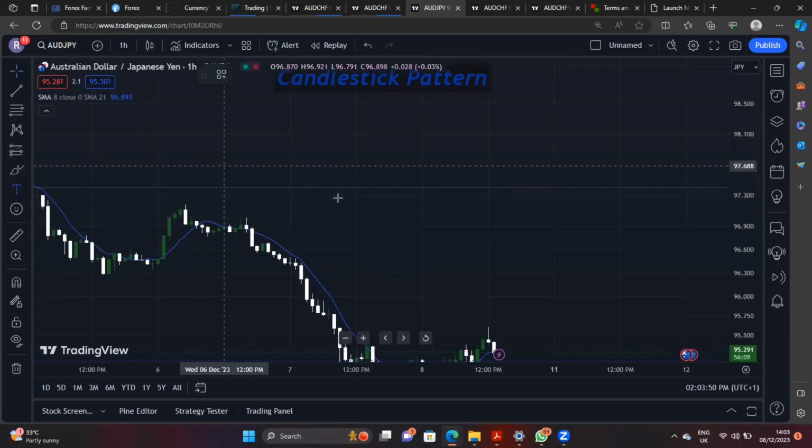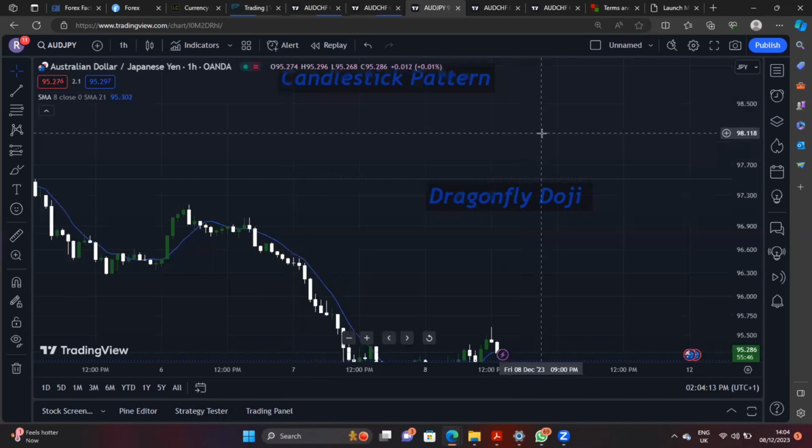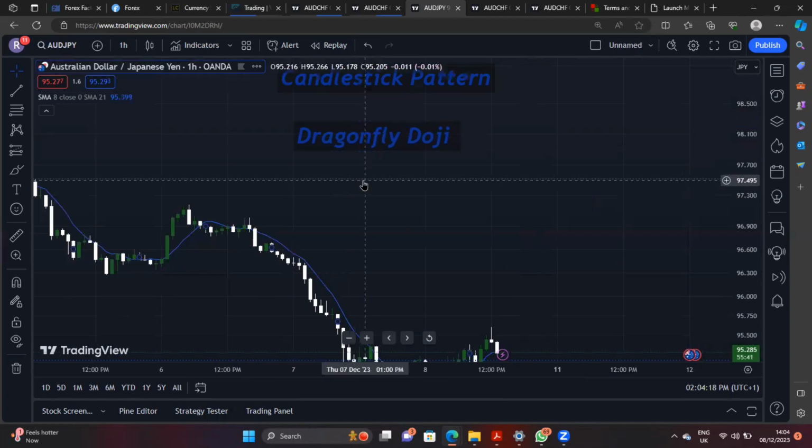It is called the dragonfly doji pattern. In this section, we'll look intensively at the dragonfly doji.